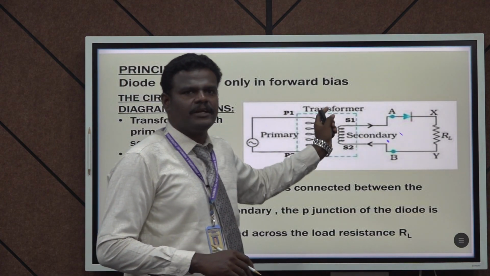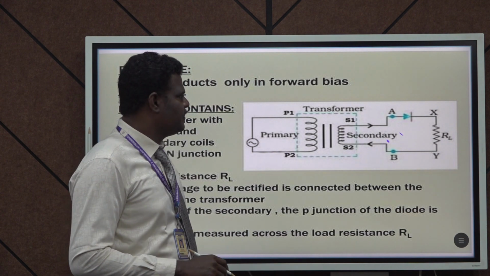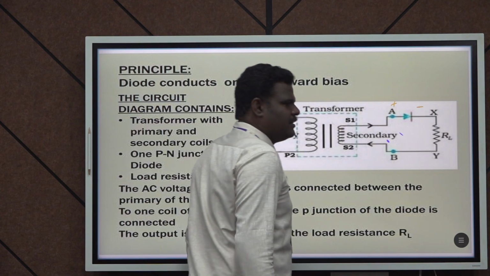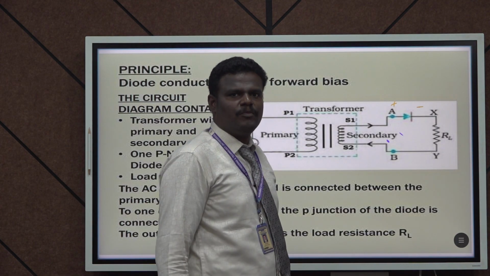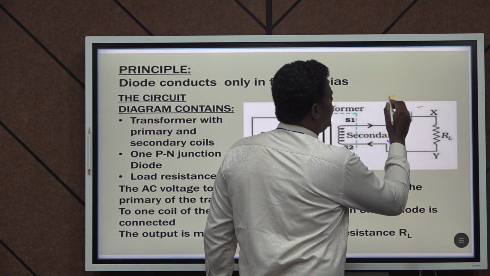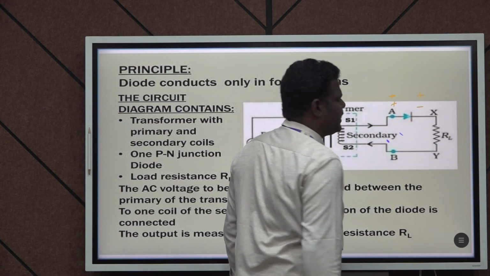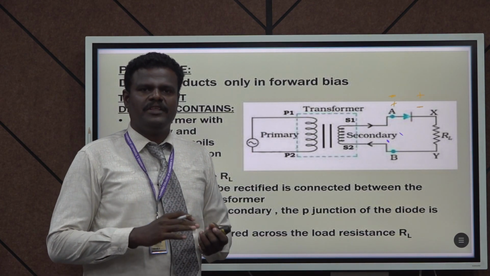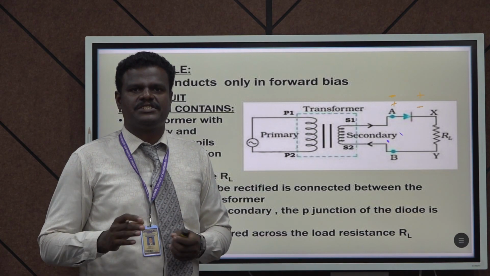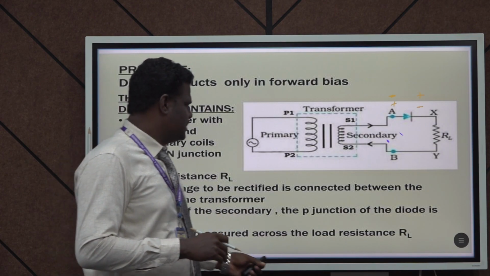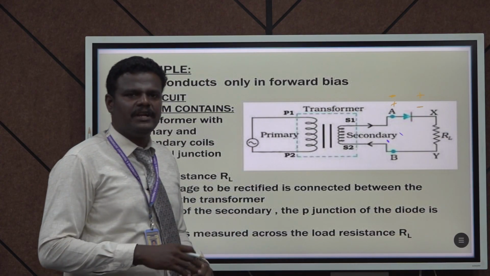Giving positive to the anode and negative to the cathode is called forward biasing. If we give negative to the anode and positive to the cathode, it is called reverse bias. During forward bias, the diode will be in conduction state. During reverse bias, the diode will be in blocking state. This property is very much used in rectifier circuits.